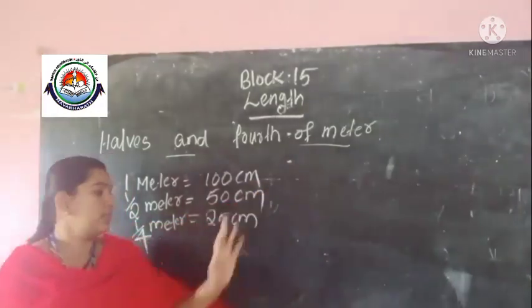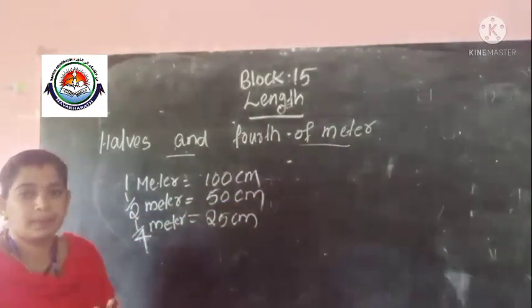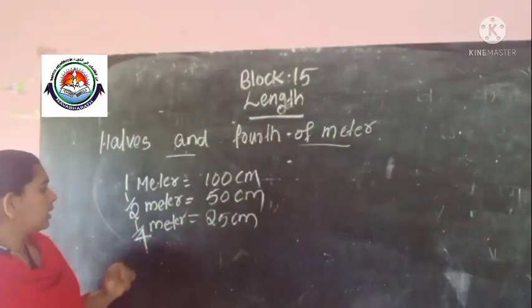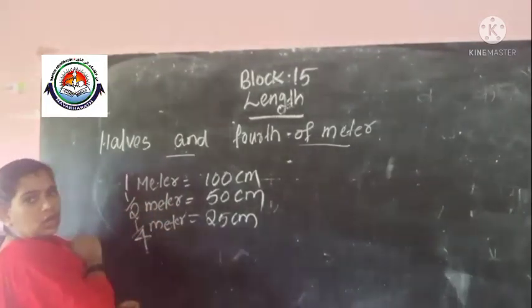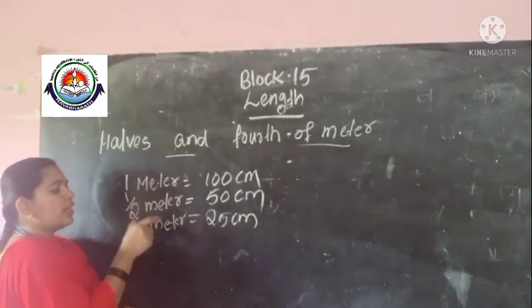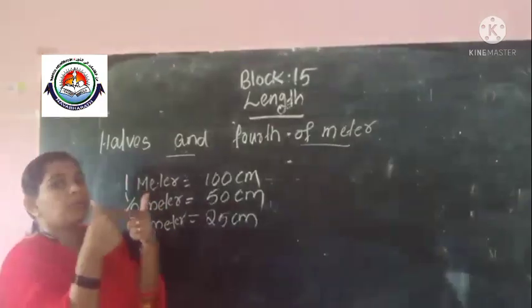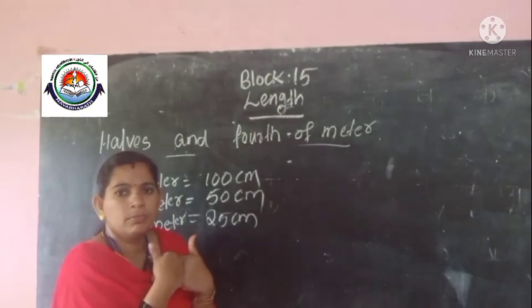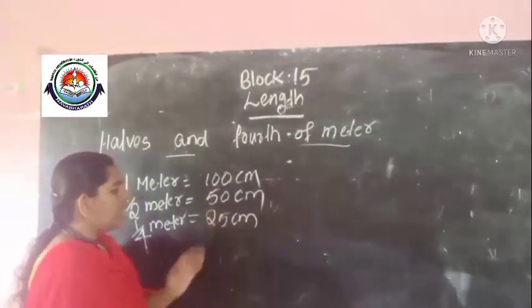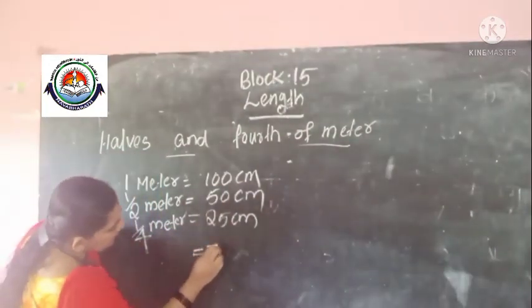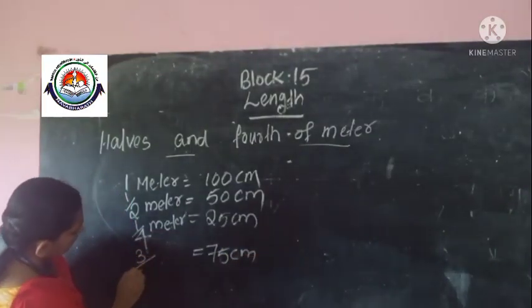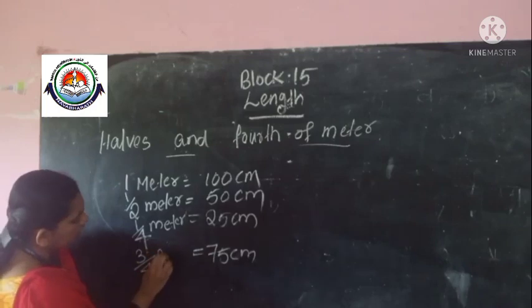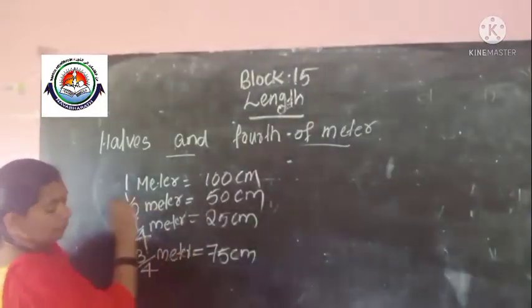Fourth meter is 25 centimeter. Then one half portion and one quarter portion make together, what is the length? Just add. It's 75 centimeter. That is 3/4 meter.